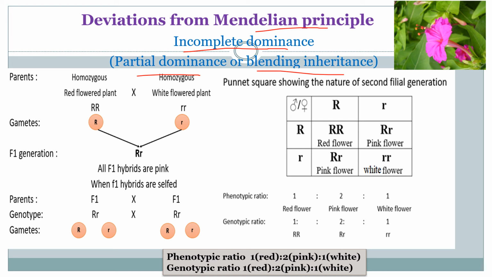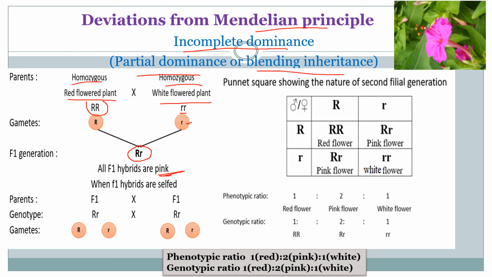Here the parents are the homozygous red flower plant, and red can be taken as capital R and capital R, and homozygous white flowered plant, we can write it as small r and small r. So this produces gametes, capital R and small r. And during the syngamy, the F1 are found to be pink.